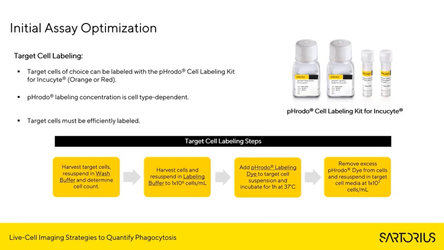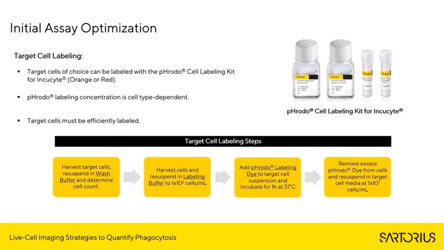So we want to add the Frodo labeling dye at an optimized concentration to the target cell suspension, and we incubate this for 1 hour. And then following the incubation period, we remove the excess Frodo dye from the cells by washing in the target cell media, and then we can resuspend the cells again in media ready for the assay.